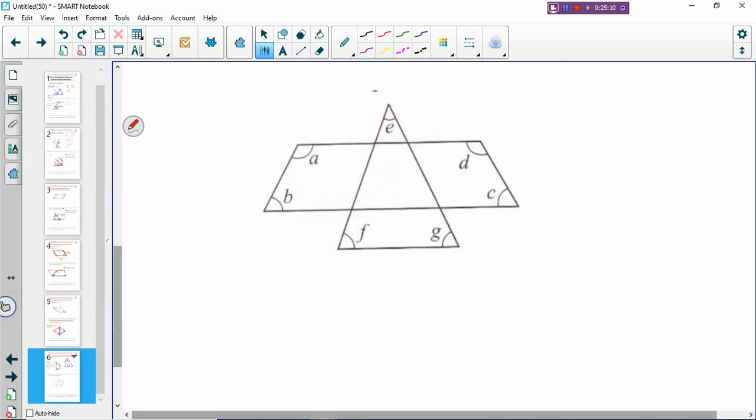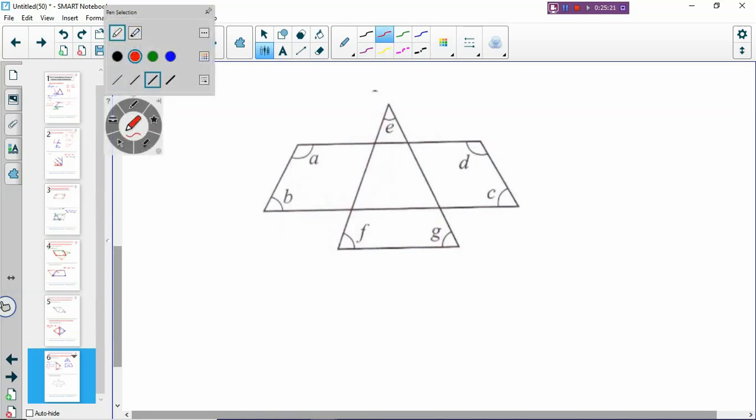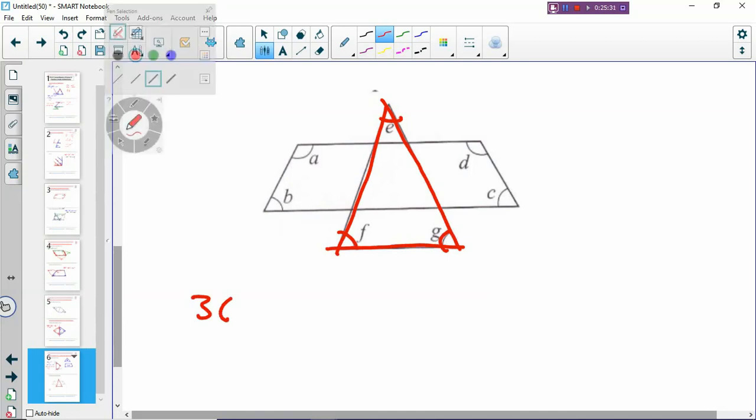Alright, so in this question, it looks very different because there are no numbers. But what is the sum of all the letters? Then you remember what you learned. What do you learn? You learn about triangles. So what do you know about triangles? The sum of angles in the triangle add together is 180 degrees.